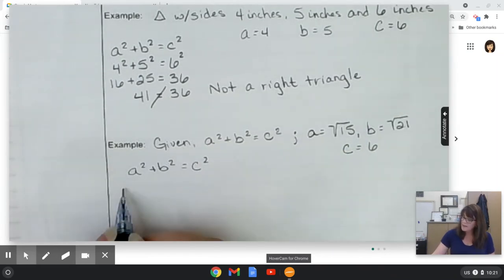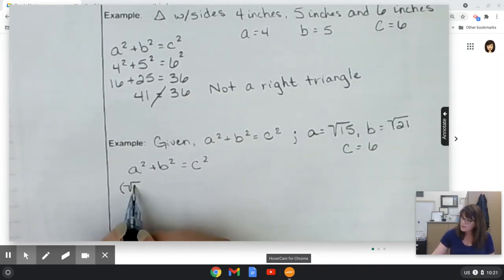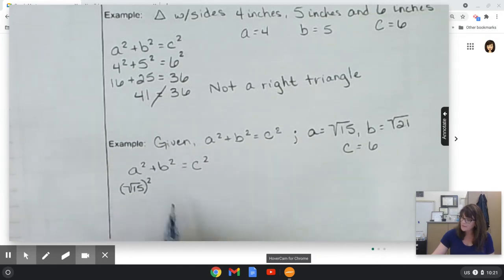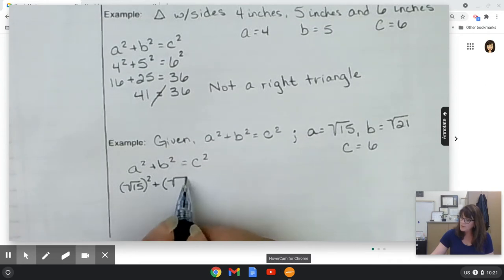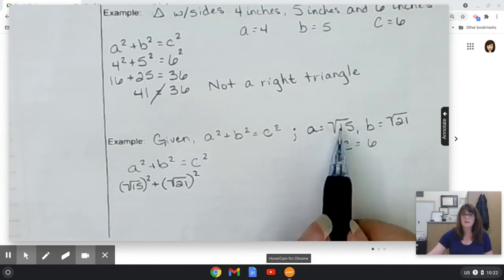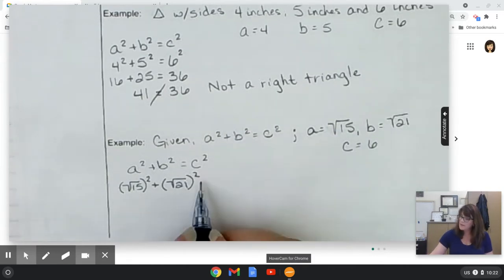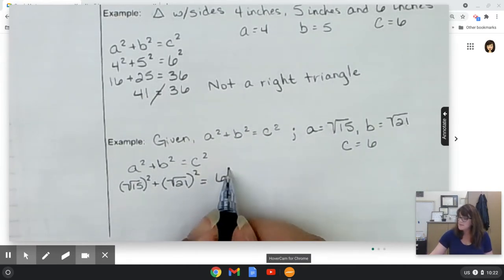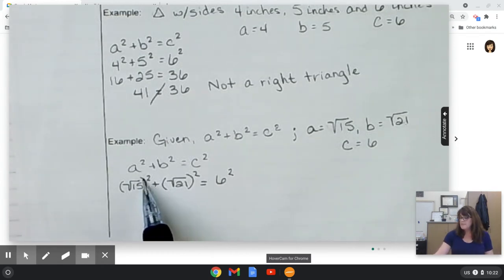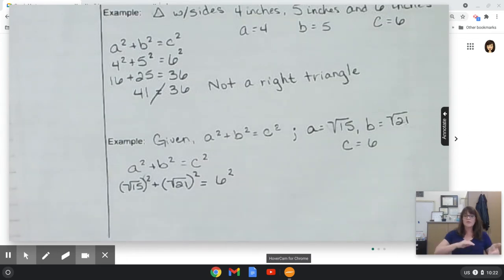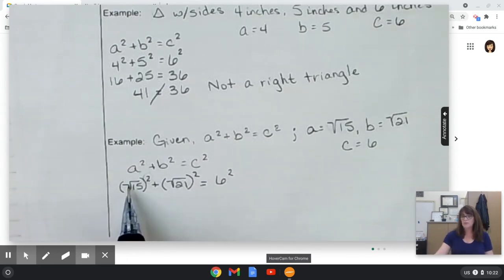Instead of A, I'm going to write in the square root of 15 squared. Instead of B, I'm going to write in the square root of 21 squared. There's A's value, there's B's value, and then C is 6 squared. Remember from when we were talking about square roots that raising to the power of 2 is the inverse operation of a square root.